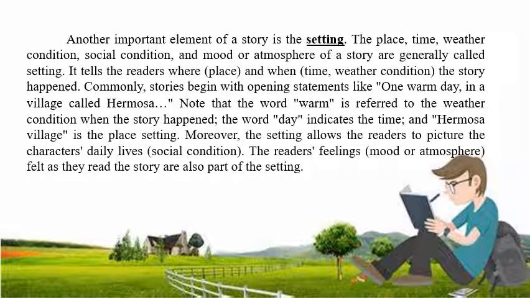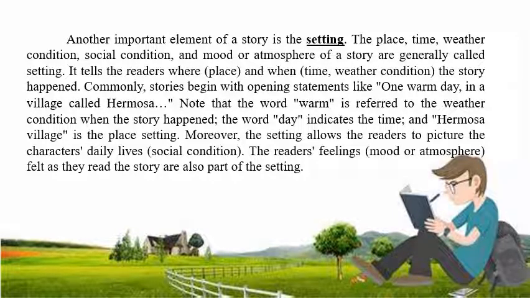Another important element of a story is the setting. The place, time, weather conditions, social condition, and mood or atmosphere of a story are generally called setting. It tells the readers where, the place, and when, which includes the time and weather condition, the story happened. Commonly, stories begin with opening statements like, "One warm day in a village called Hermosa, and so on."